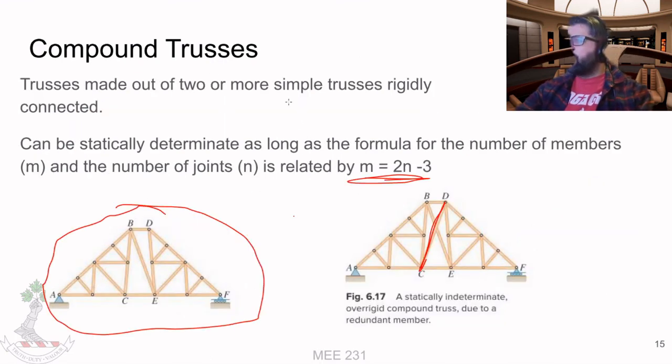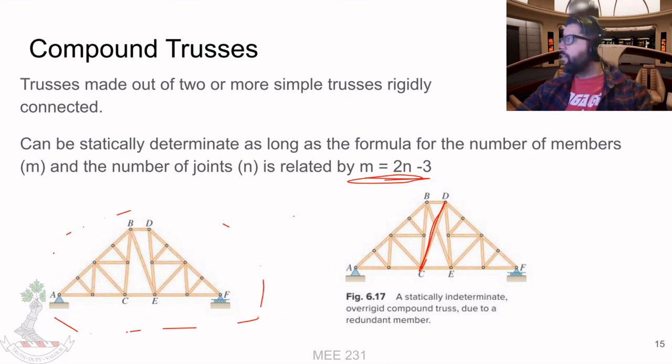So if we go back up to here, you can see that's basically what they did here, and it doesn't look it, but I'll show you how.